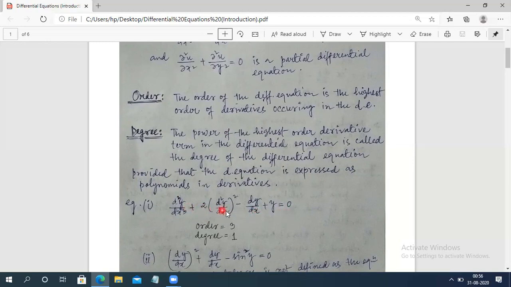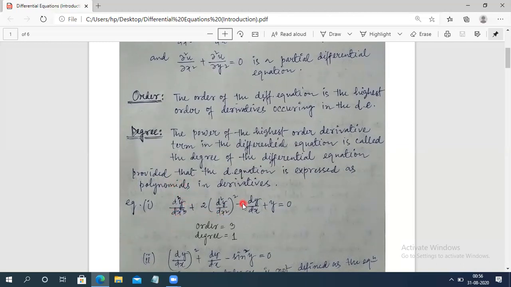Here the highest order derivative involved in this equation is d3y/dx^3. This is the highest order derivative, so the order of the differential equation will be 3. To check the degree, we have to check only the power of this highest order derivative.